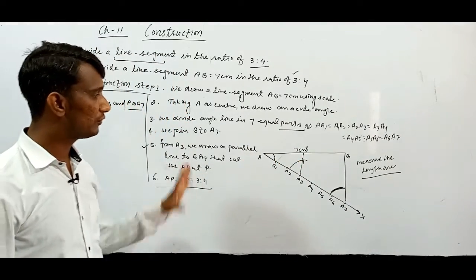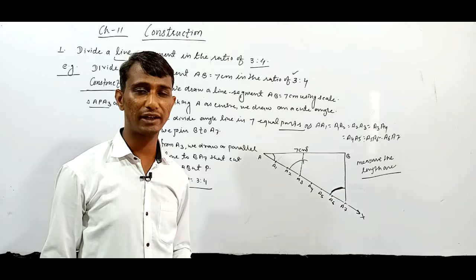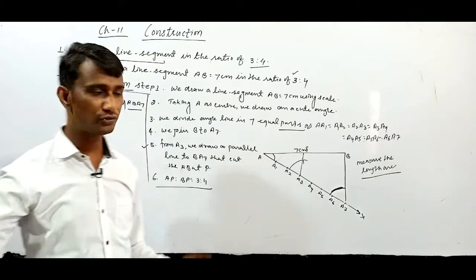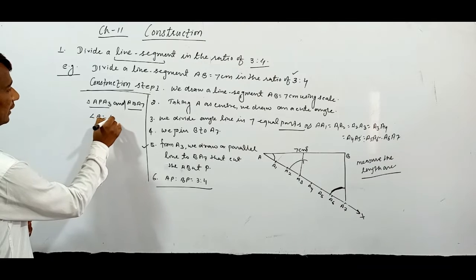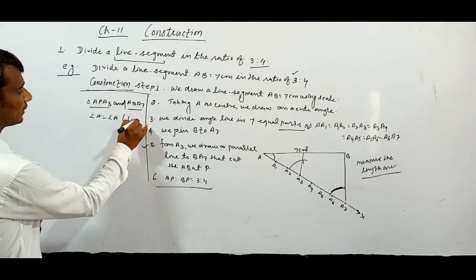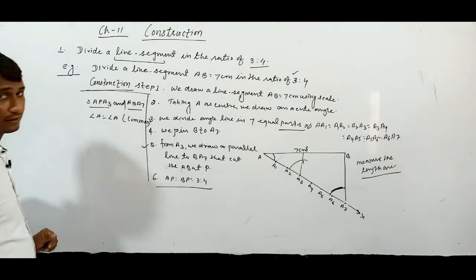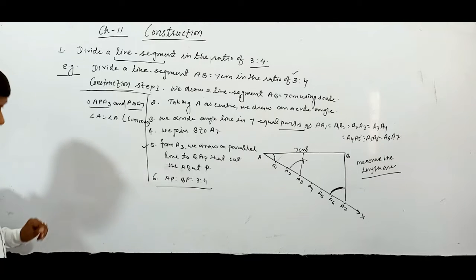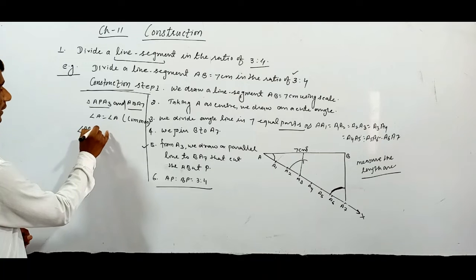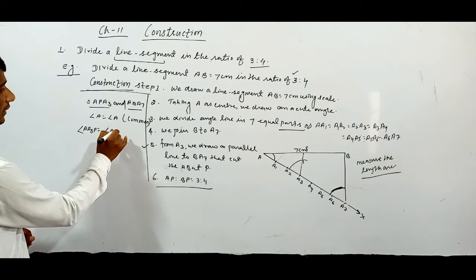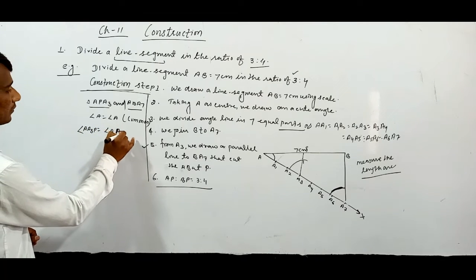Now check which similarity criteria we have applied here. We can write angle A equal to angle A. Why? Because this is a common angle in both triangles. Next, angle A3P equal to angle A7B.